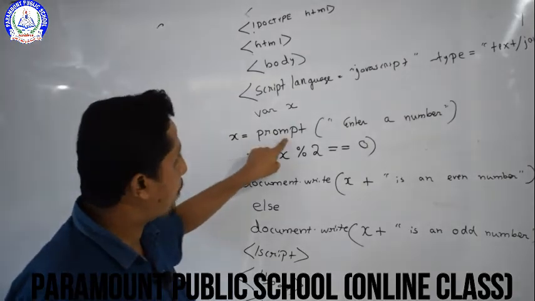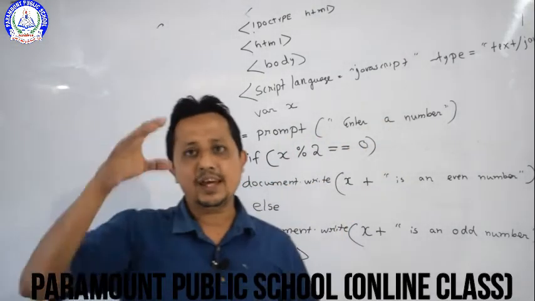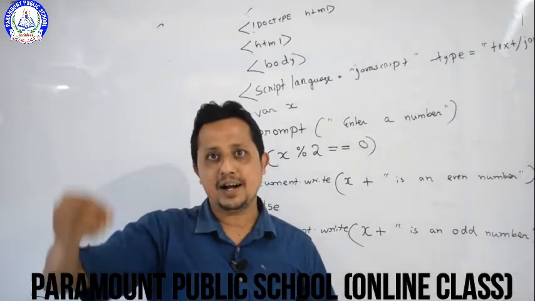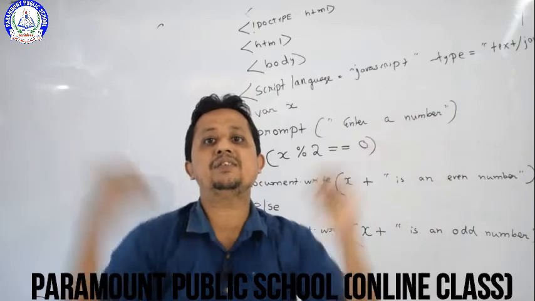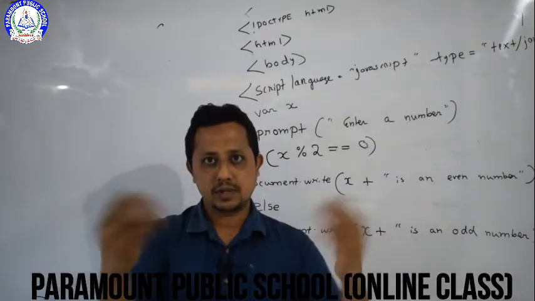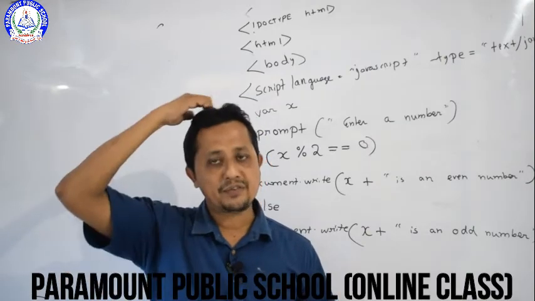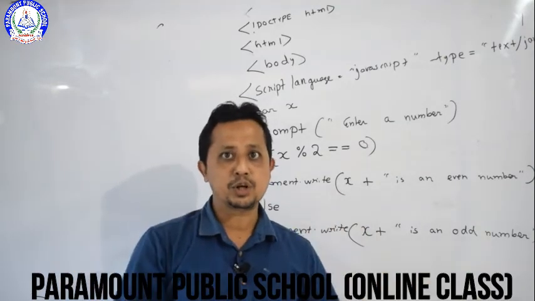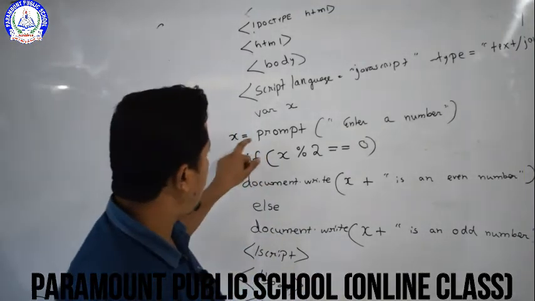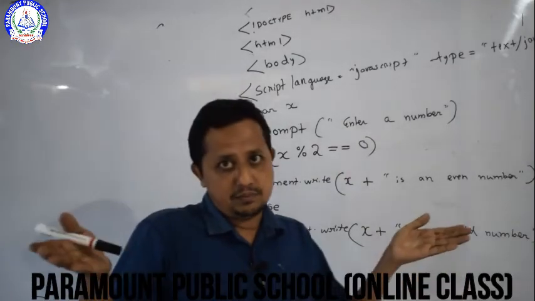Then I am writing x = prompt, enter a number. As I have told you earlier, we use the prompt command whenever we want the user to give an input value. Sometimes you find the computer giving an instruction, okay, give the input. So we are using this command because we want a value.